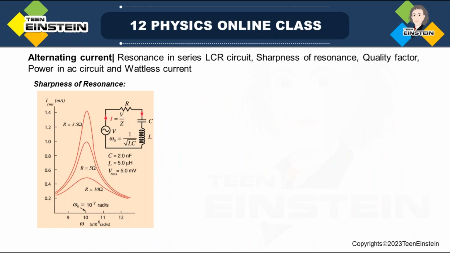So we have seen that resonance occurs at all resistance. That means the condition for resonance does not depend on resistance, but the curve or the value of the current does. You can see here in this figure, it is given in terms of RMS current, doesn't matter.